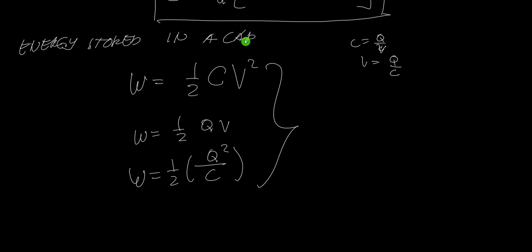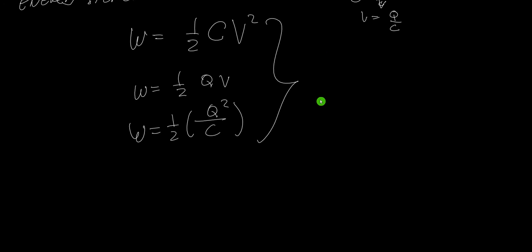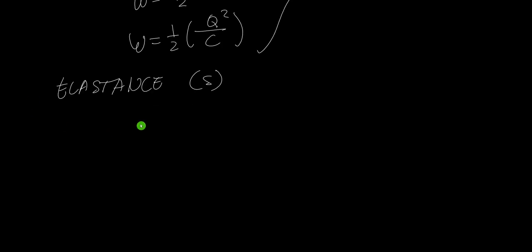And also, there's another characteristic parameter. Just like resistance, the opposite of resistance is conductance. For capacitance, the reciprocal of capacitance we call elastance. And usually we use the letter S to denote this, and that's just equal to the reciprocal of the capacitance. And the unit for this, because the unit for capacitance is farad, so if you remember in resistance and conductance, the unit of resistance is ohm.